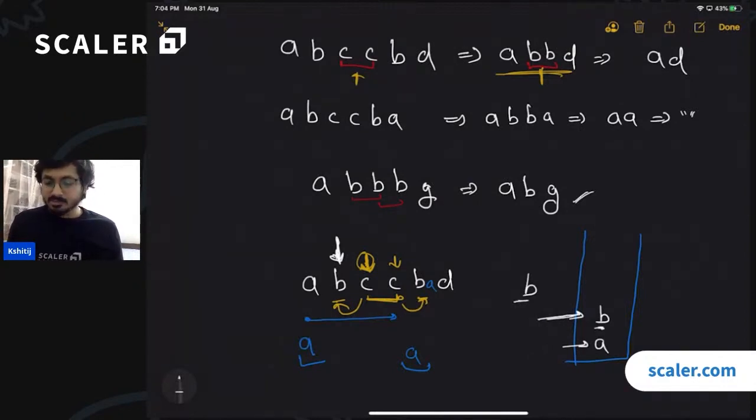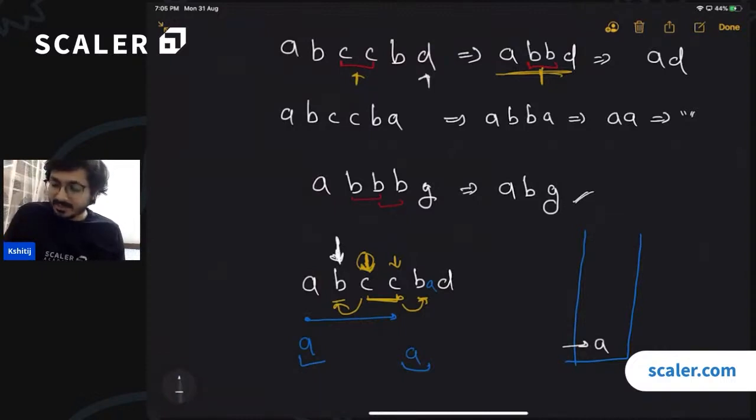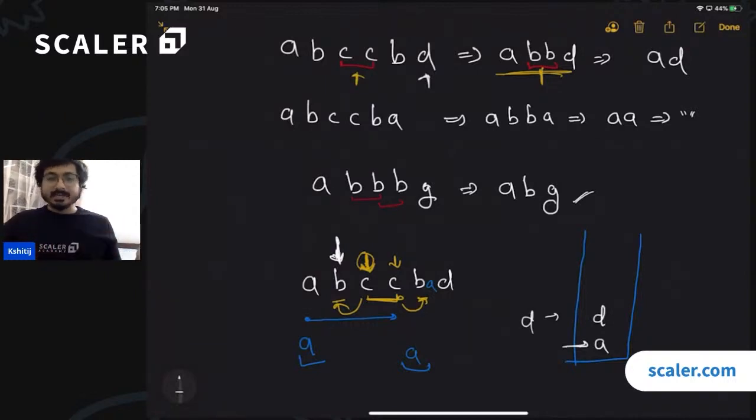You again see that these two are same, so you can remove this B as well. Then you get D. Now you can see that D is not same as the top of the stack, so you can insert it. Once the complete string is visited, whatever is remaining inside this stack is going to be the answer.